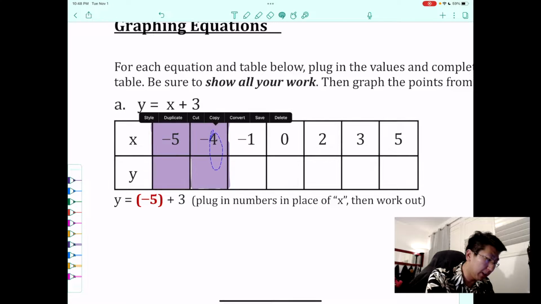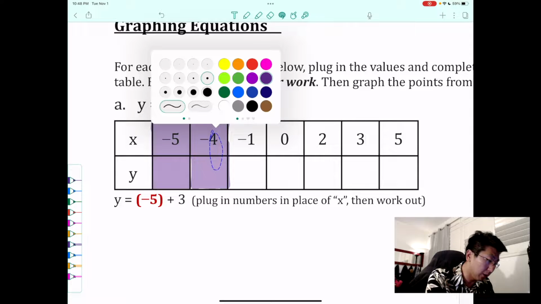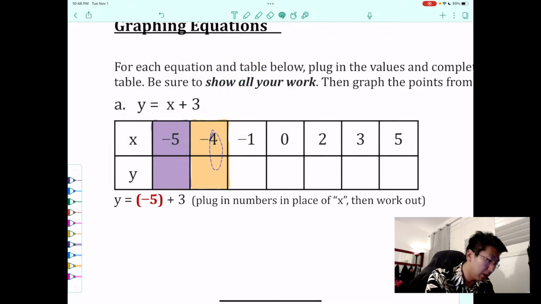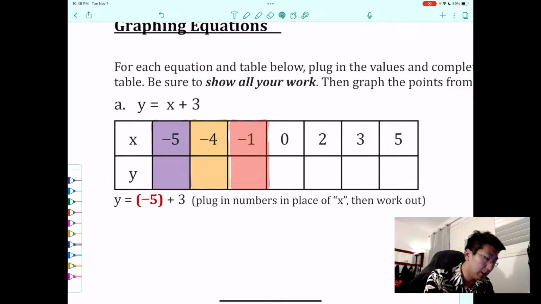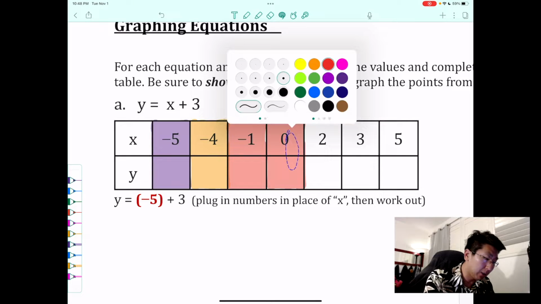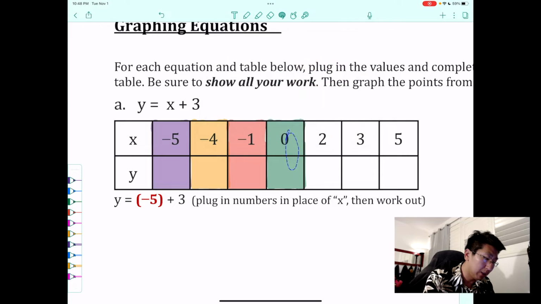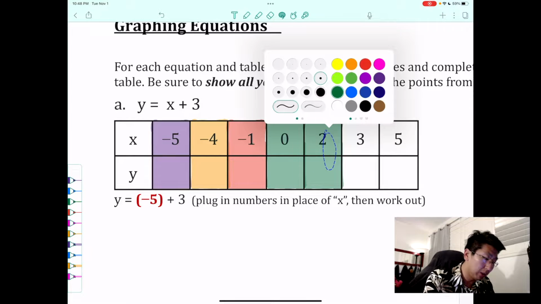Okay, and I'm going to duplicate that, change the style. Let's go orange. Duplicate that, change the style. This is the nice thing about Notability. Red. Duplicate that. Change that style to green. Duplicate that. Change the style to, let's go blue.